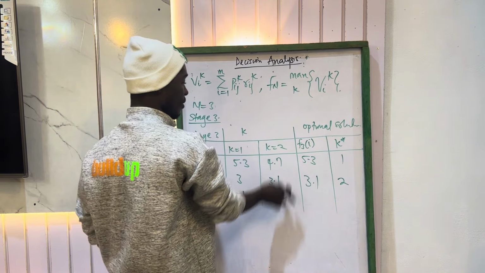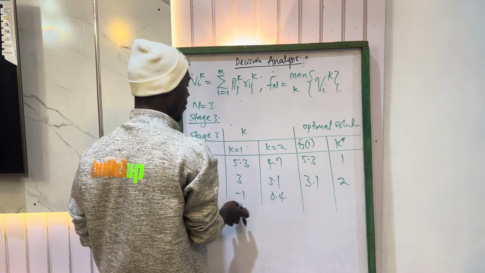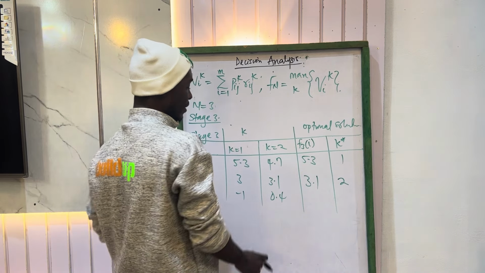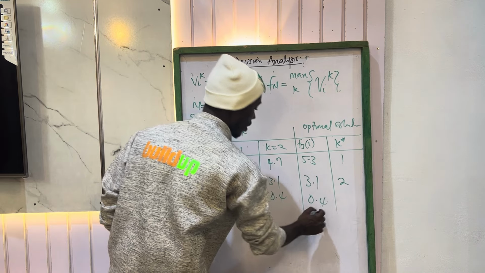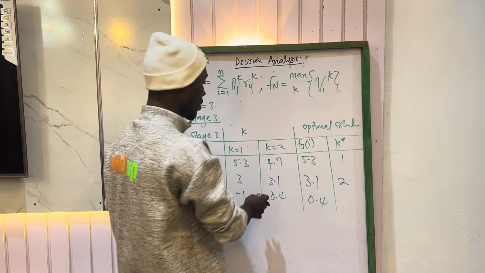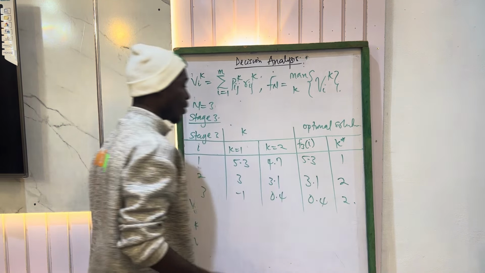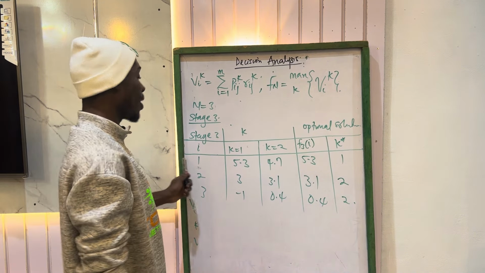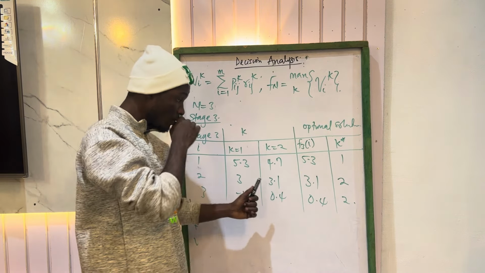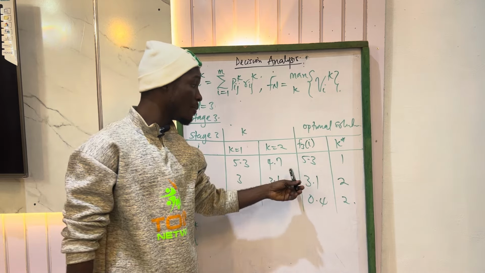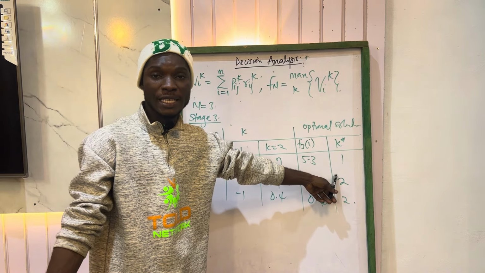Which one is bigger between minus 1 and 0.4? If you say 0.4, then you are right, because 0.4 is bigger than minus 1. Then which decision are we taking? We are taking decision 2. So what does this simply mean? It simply means that when the soil is good, please, you don't need to apply fertilizer.